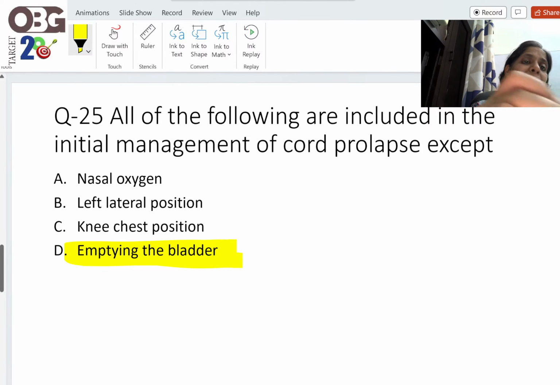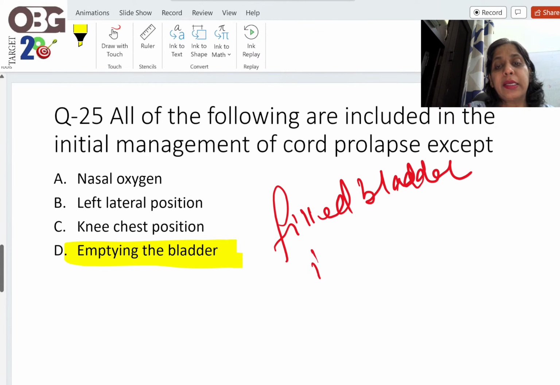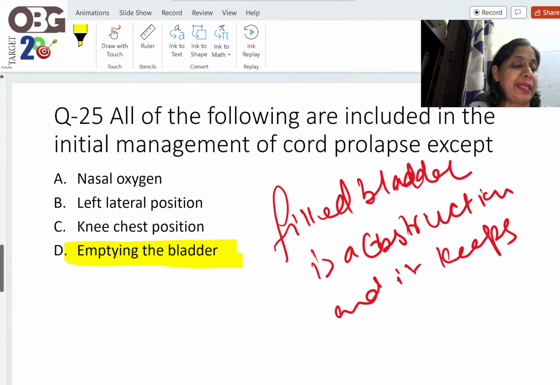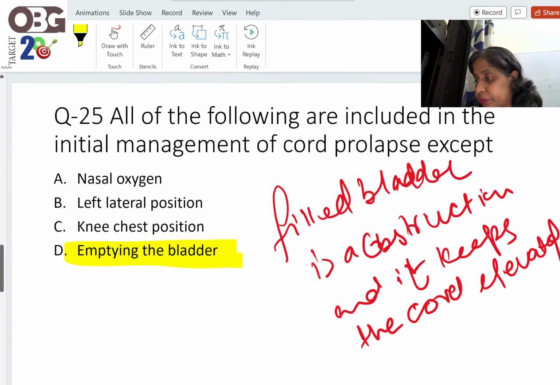Filled bladder is an obstruction, and it keeps the cord elevated. So we will not empty the bladder, right?